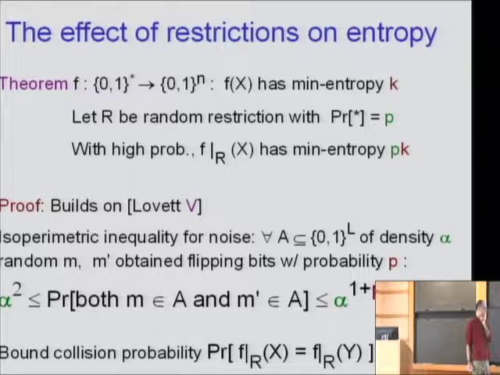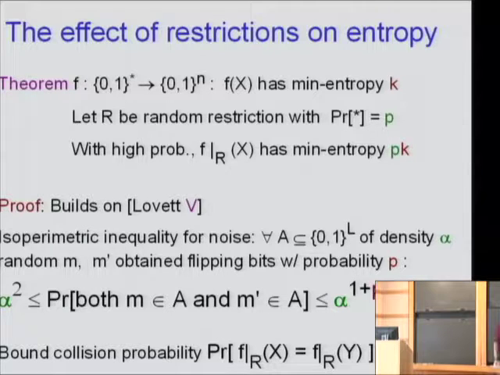Actually, there is a more general quantity here which makes it tight in the case that p is half. Using this bound, it's possible to bound the collision probability of the restricted function. Collision probability is also a lower bound, up to constants, for the min-entropy.